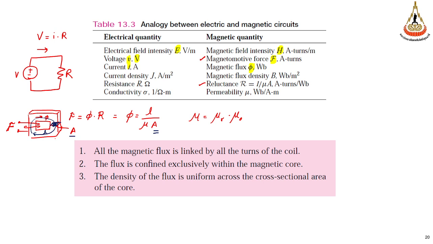So if we know the number of turns and the current that we produce, we will get F, the magnetomotive force in ampere turns.